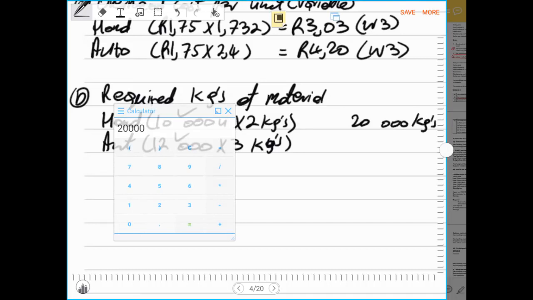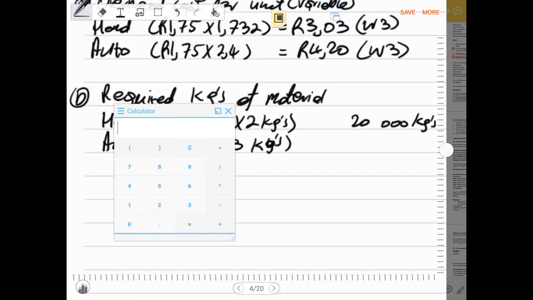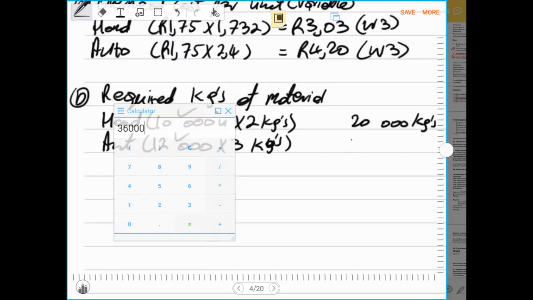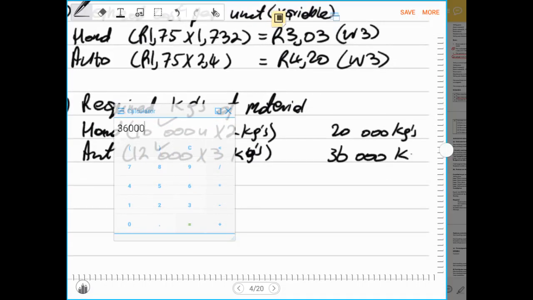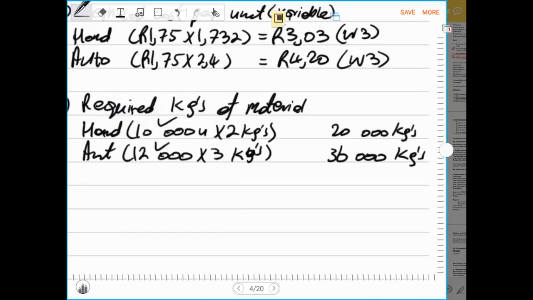Remember, these are kgs. Then 12,000 times 3 is 36,000 kgs that are required to complete 12,000 units.